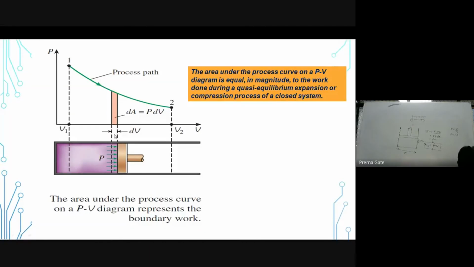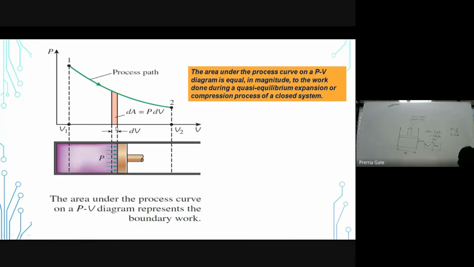Okay, which is the average of these two, as it is a very small rectangle, and its length is nothing but dv. Okay, so its height is p and its length is dv. So the area of this small rectangle is nothing but pdv. Okay, so the differential area of this particular element is p times dv.